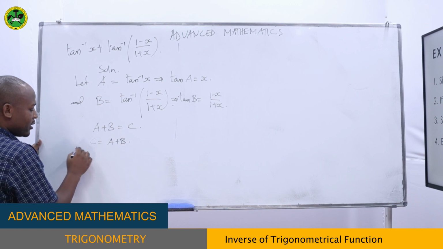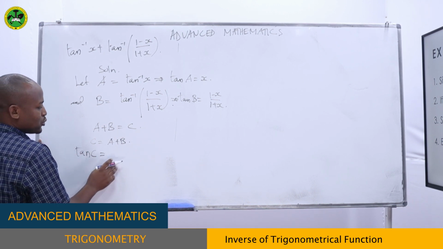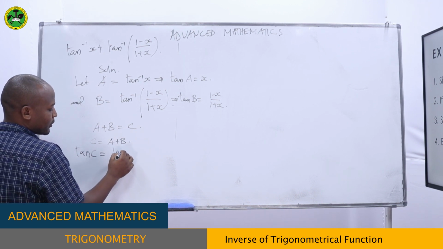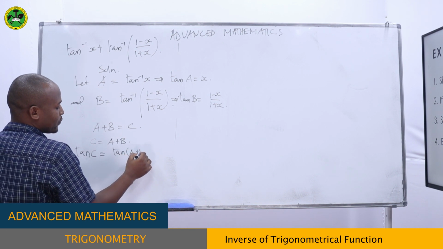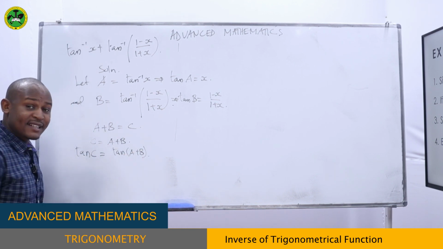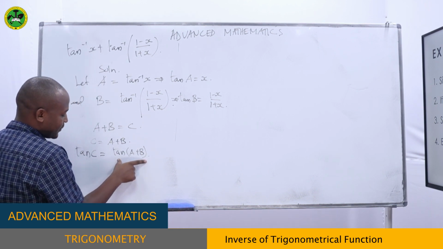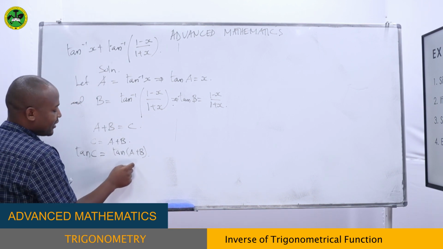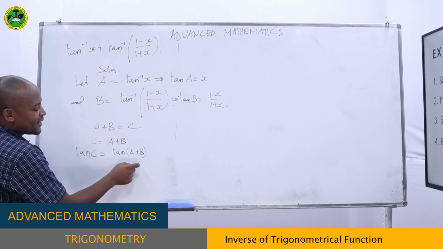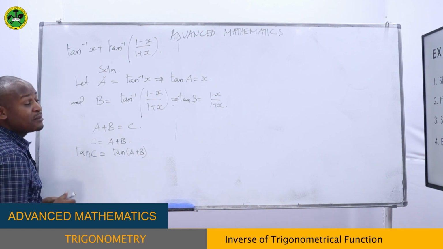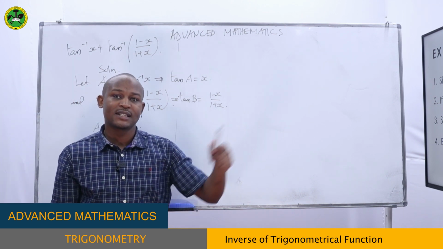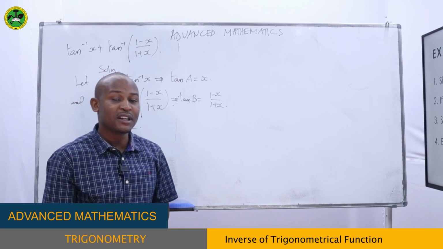That will be tan of C equals tan of A plus B. The answer I obtain here, I will find its inverse, and then C will be my simplification of the expression that was given.